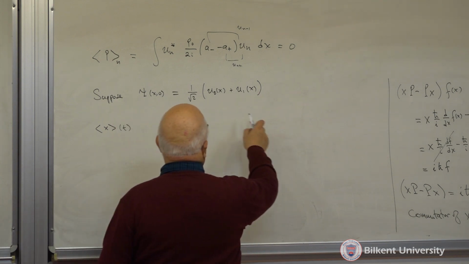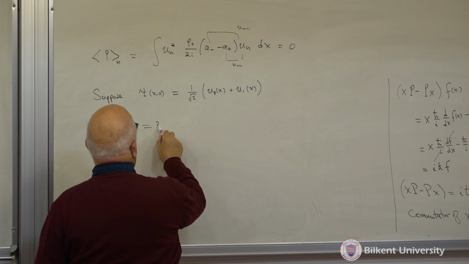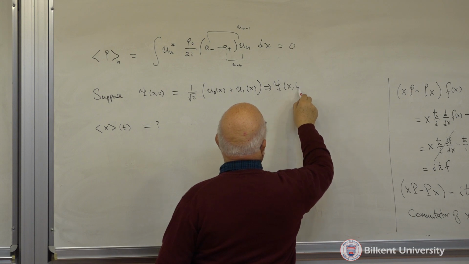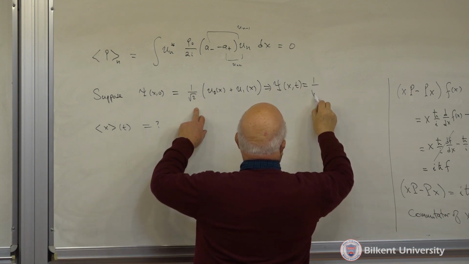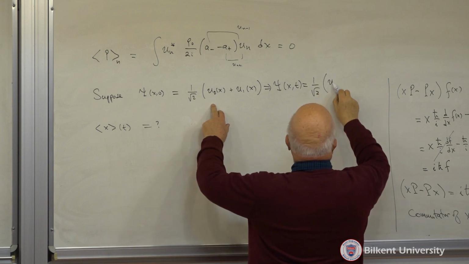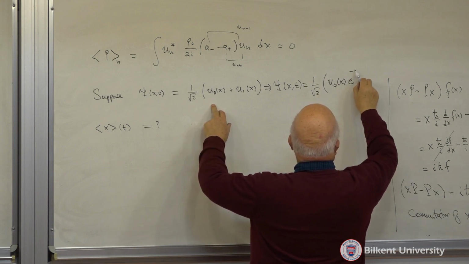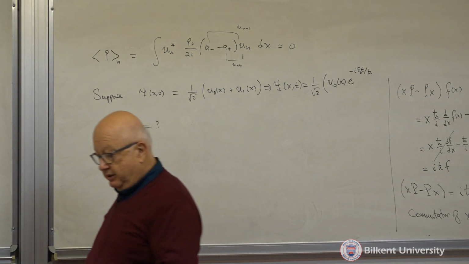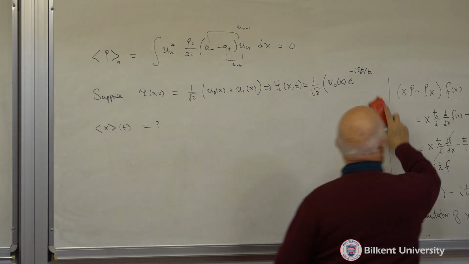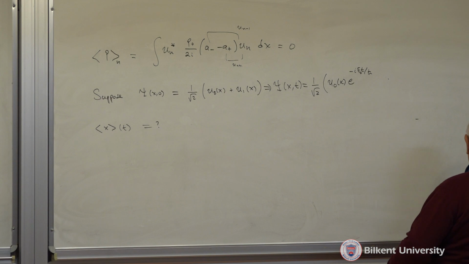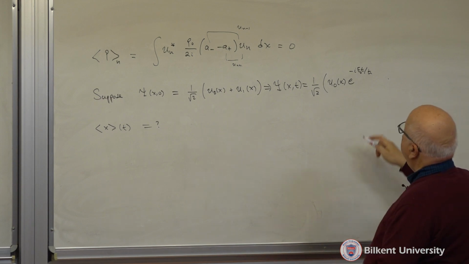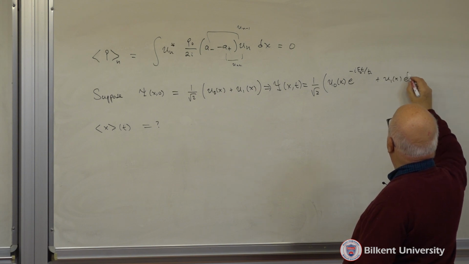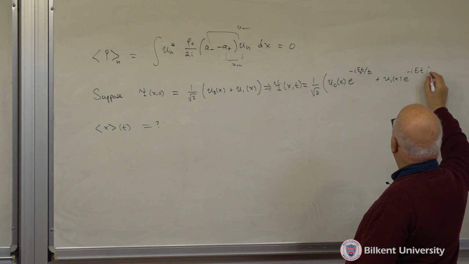So I know that the psi xt is going to have various pieces, 1 over root 2 u0 of x e to the minus i e0 t over h bar, plus u1 of x e to the minus i e1 t over h bar.